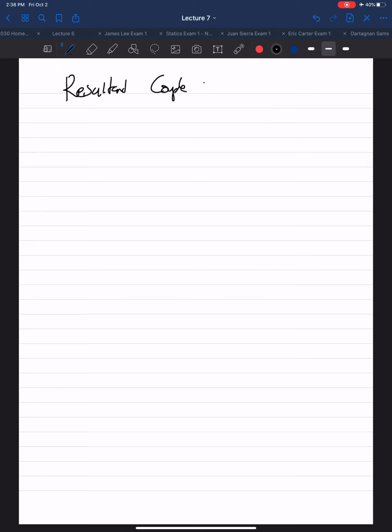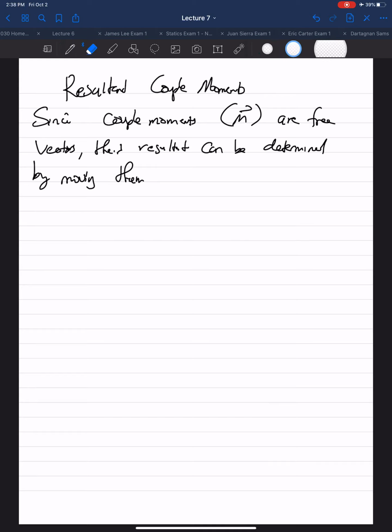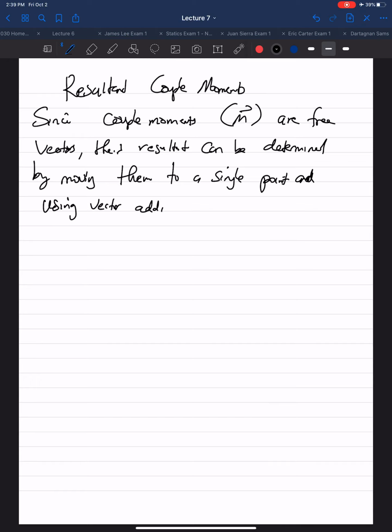Resultant couple moments. Since couple moments are free vectors, their resultant can be determined by moving them to a single point and using vector addition.